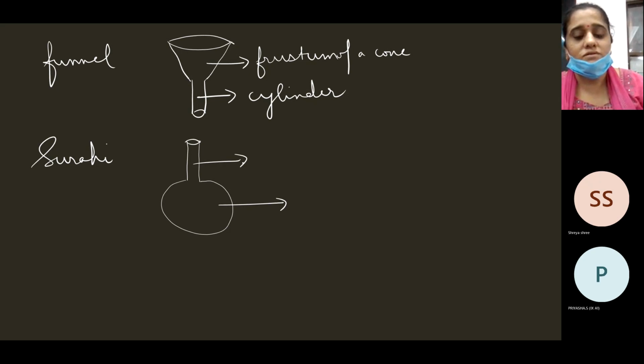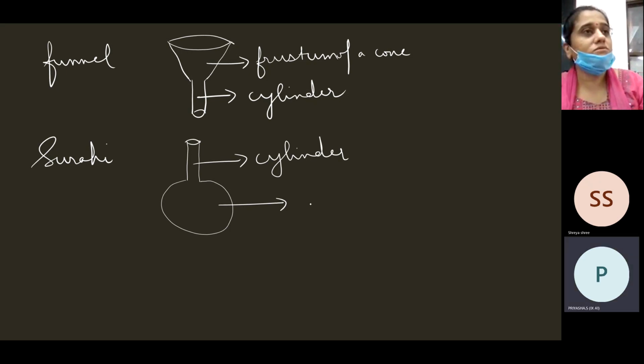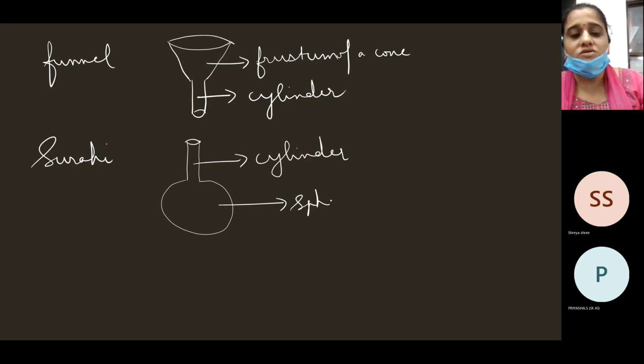Cylinder. And what about this portion? Sphere. So it's a combination of a sphere and a cylinder. A Surahi is a combination of a sphere and a cylinder.